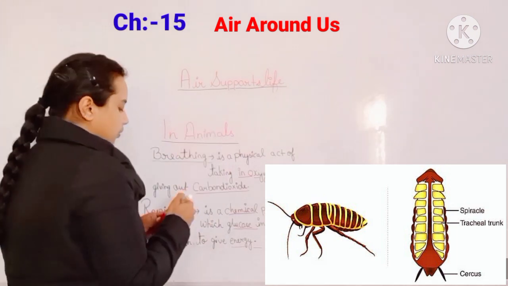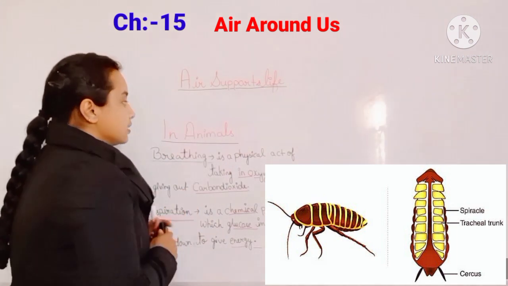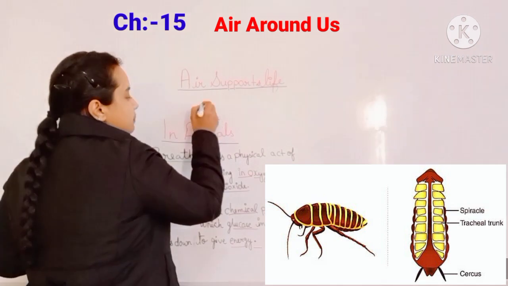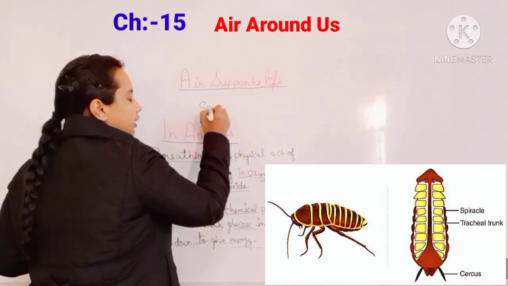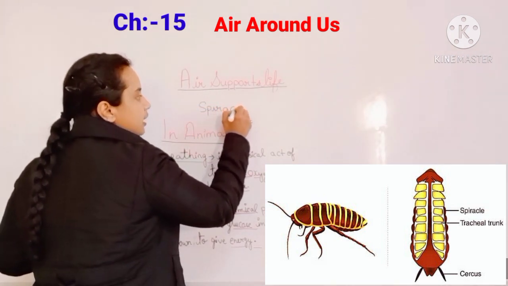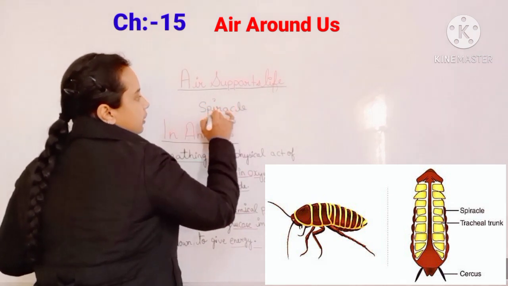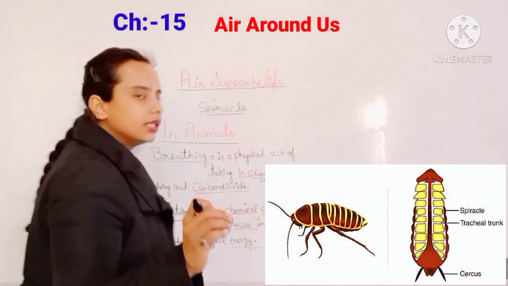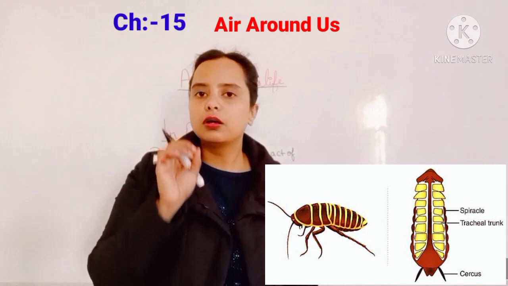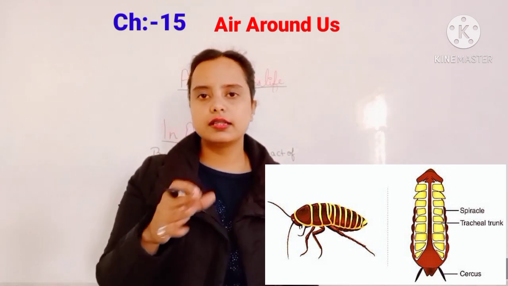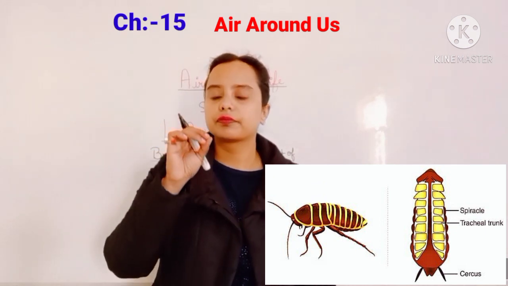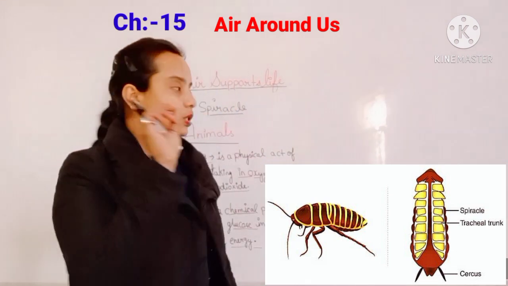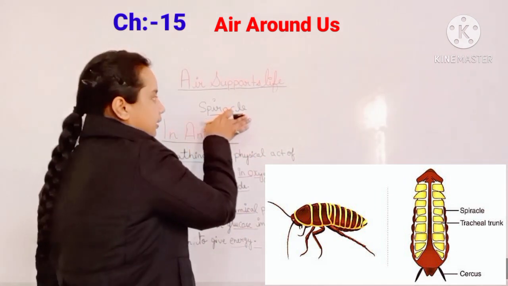The spelling of spiracle is S-P-I-R-A-C-L-E. The pores which are present on the body of the cockroach or the housefly, these insects, are known as spiracles.